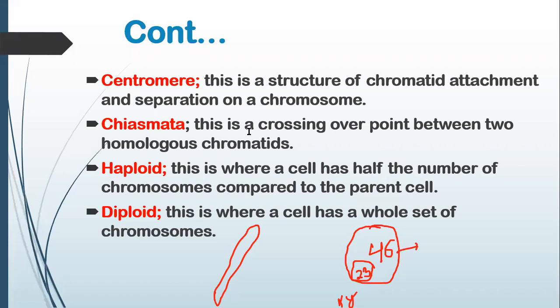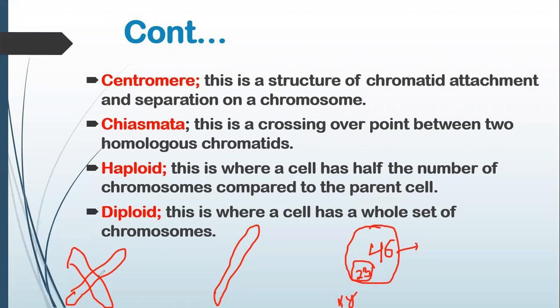And somebody is asking, can they ask one to draw and label a chromatid? Yes, like I said, yes. However, on rare occasions, but anything is possible. Yes, they can, but it is simple. Just draw, but try to be neat.